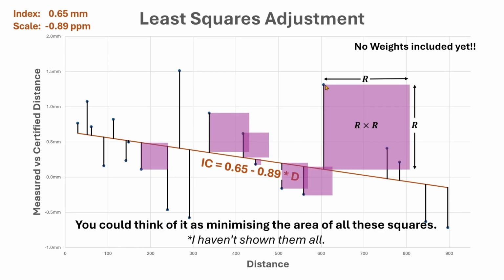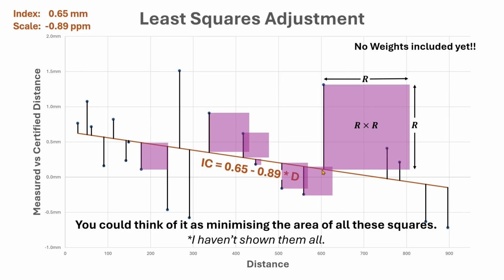So you can actually think of this as physical squares, where the length of the side of the squares is equal to the residual of the distance from this point to this line. So you have all of these squares for all these different points, and the goal is to minimize the area of all of these squares added together. So here we have a point, we draw a line from it to the line of best fit.